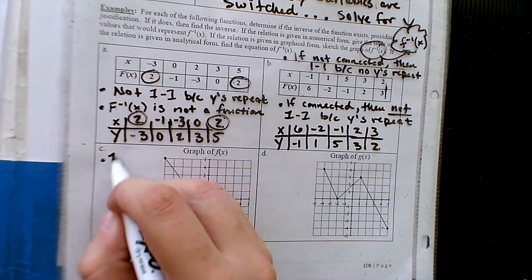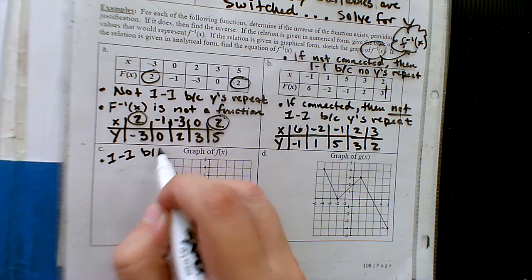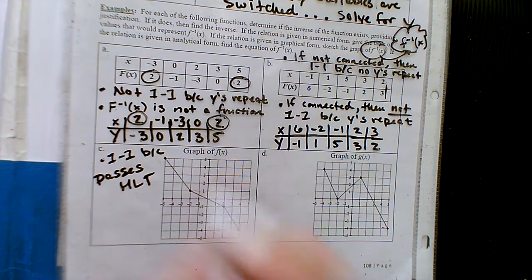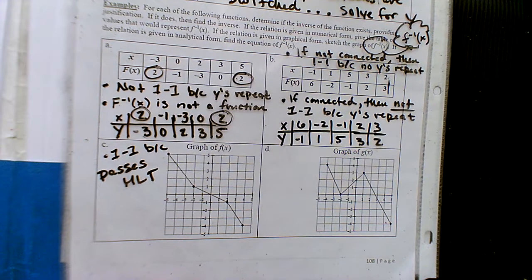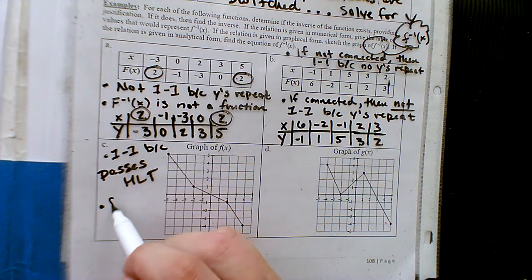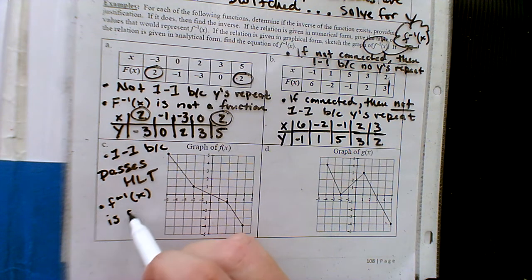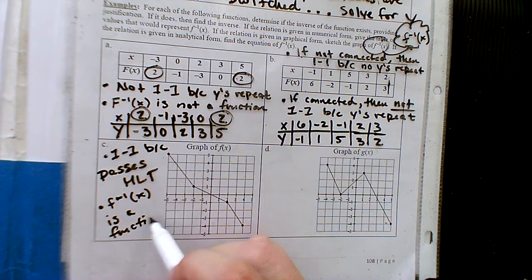So yes, it's 1-to-1 because it passes the horizontal line test. If it's 1-to-1, we also know that the inverse is a function.